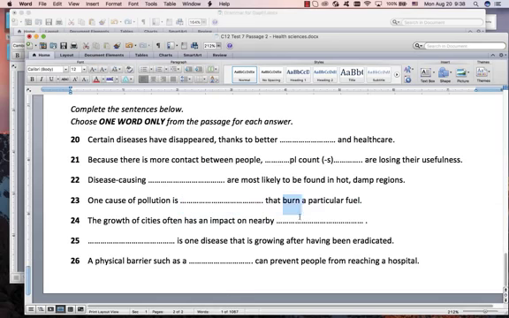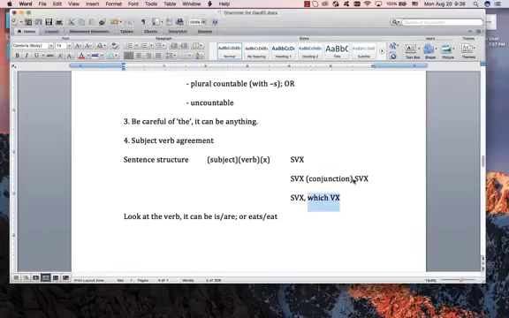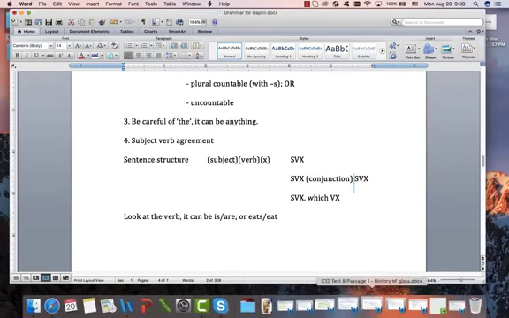So because this doesn't say burns, it says burn, no S, that means this is plural countable. So in this test, 3 of these you could find out that they were plural countable by looking at the verb. Great. Let's look at another example.